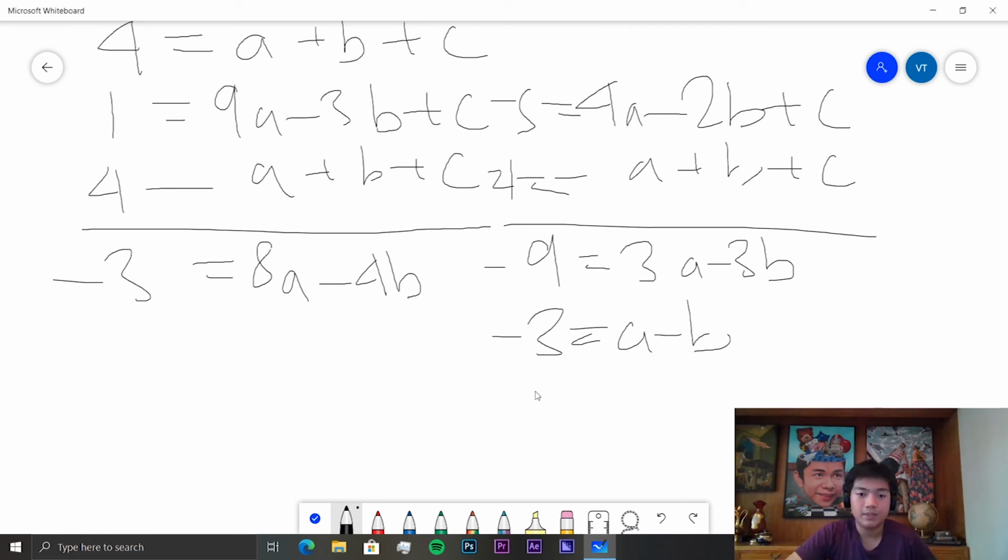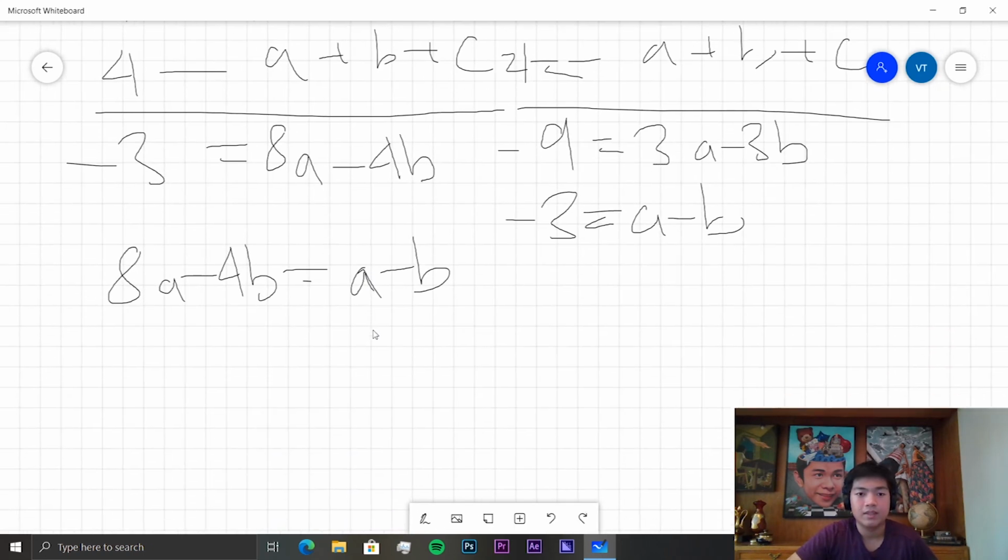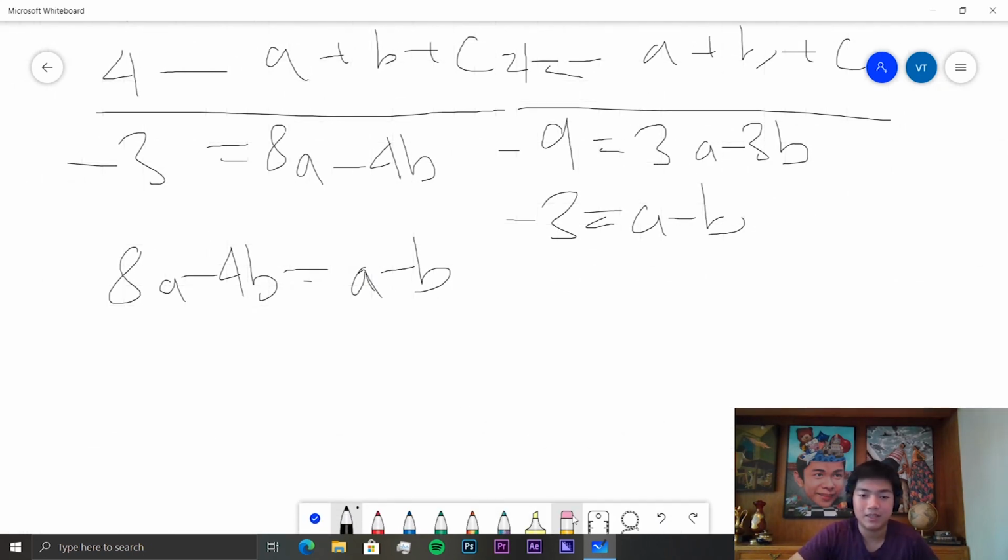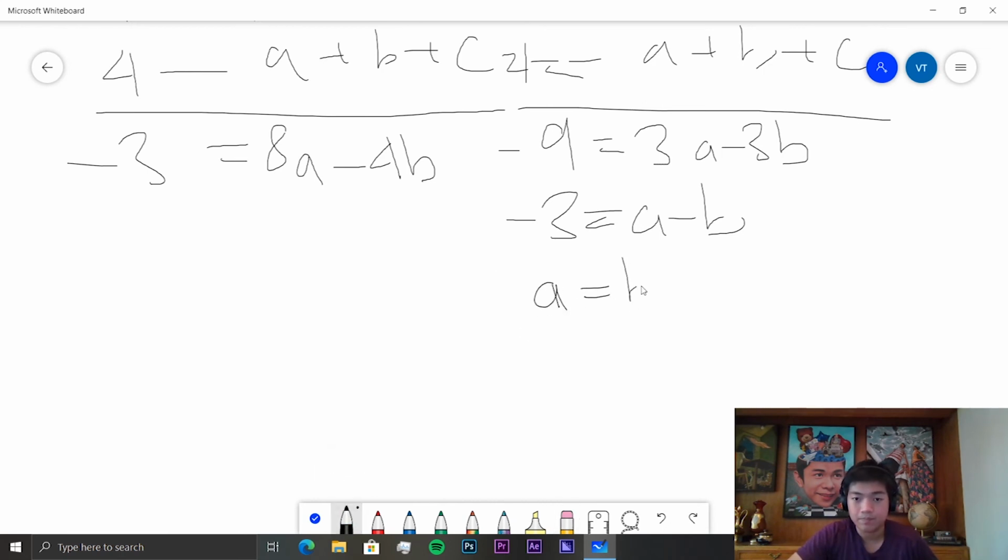So if we substitute this, we have 8a minus 4b is equal to a minus b. Or actually, I think we can just do it the even simpler way at this point. We can say that a is equal to b minus 3. And so we substitute this here.